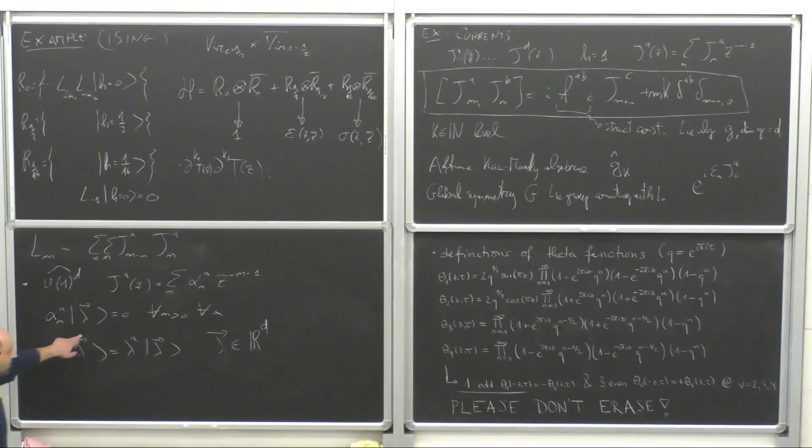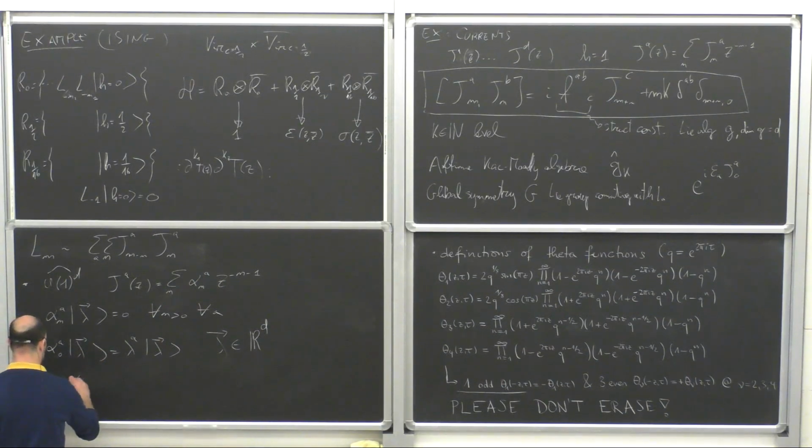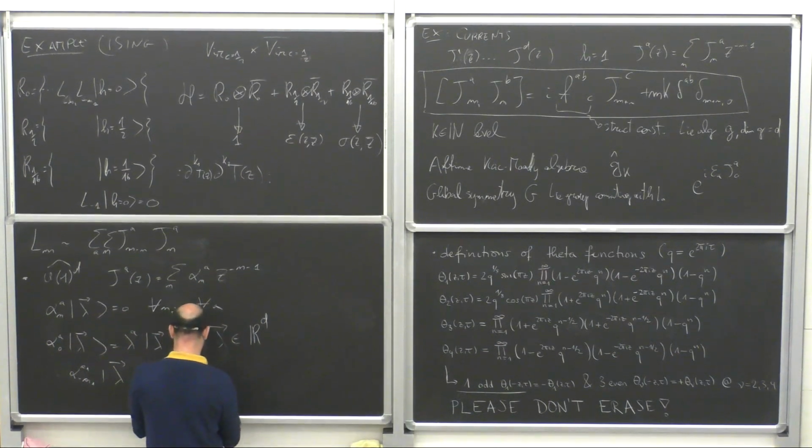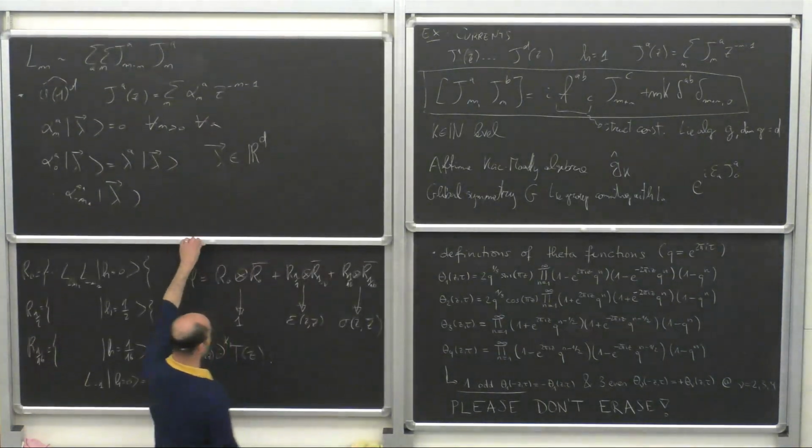And then, starting from this ground state, you build your representation by acting on lambda with your alpha n. The reason why I used alpha n is because this reconnects to what Holly said yesterday. This is actually what you get in string theory.